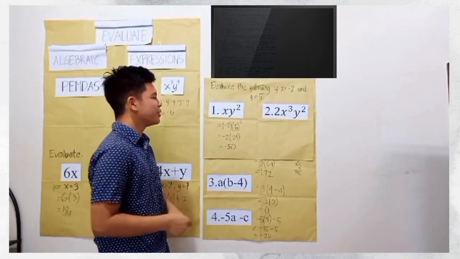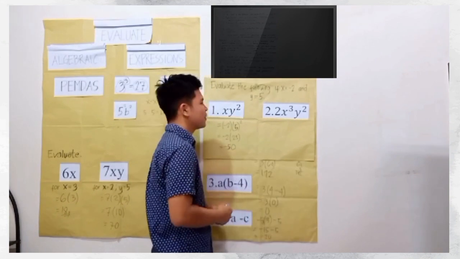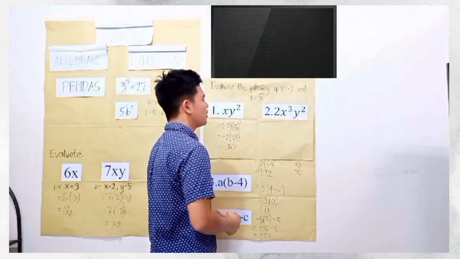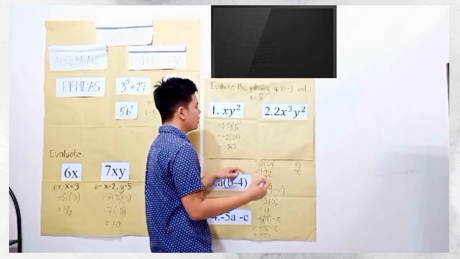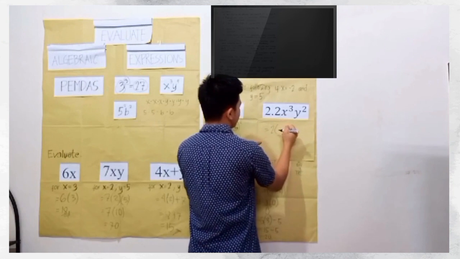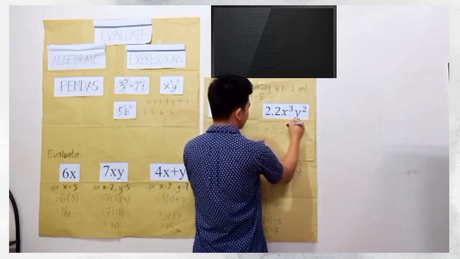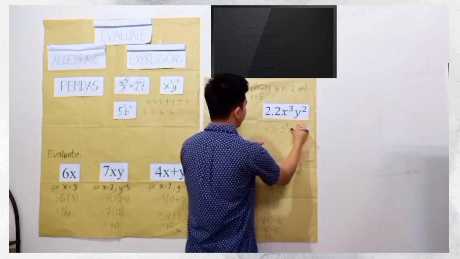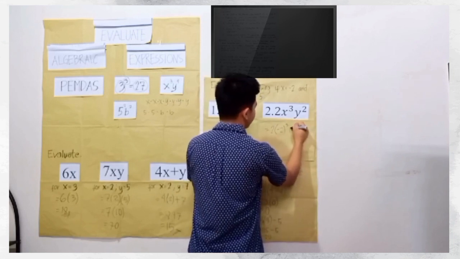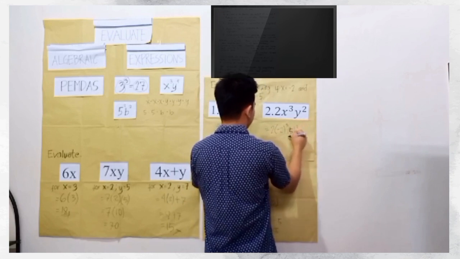Okay, let's proceed to number 2. We have here 2x to the power of 3 and y to the power of 2. Substitute: we have 2, our value of x is negative 2 raised to the power of 3, and y, which is 5, raised to the power of 2.